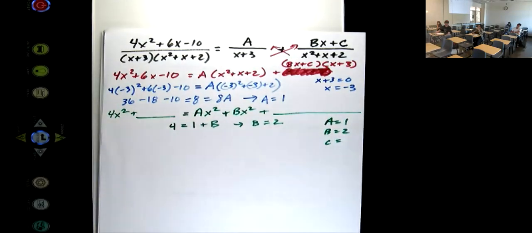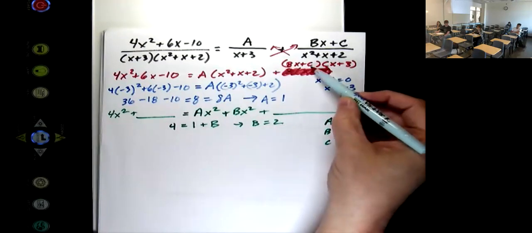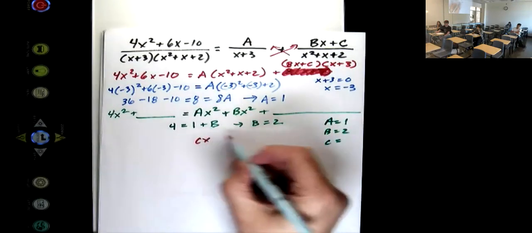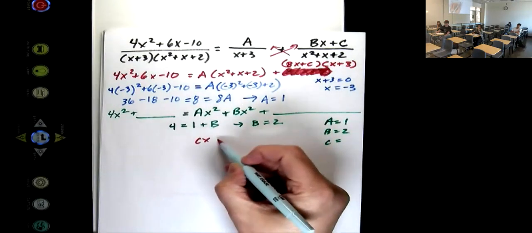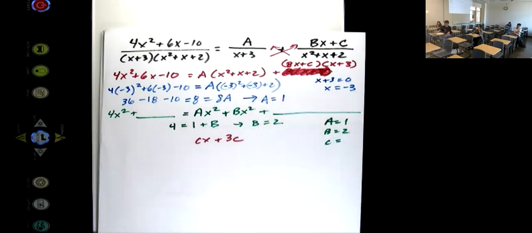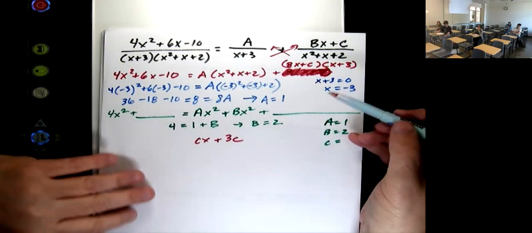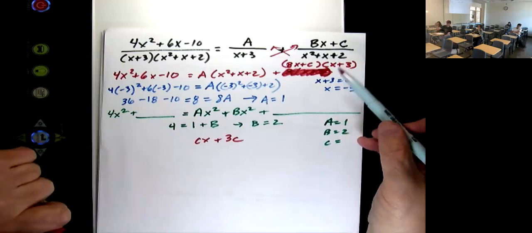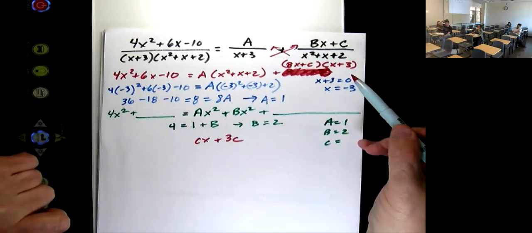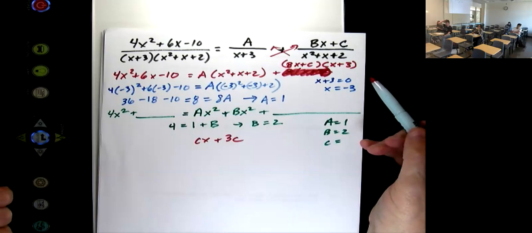Let's take a look at the terms that have a c in them. I have c times x, and I have c times 3, or 3c. I think the easiest one to focus on... I wonder if I should just do this all out.